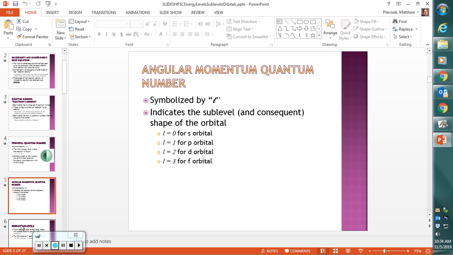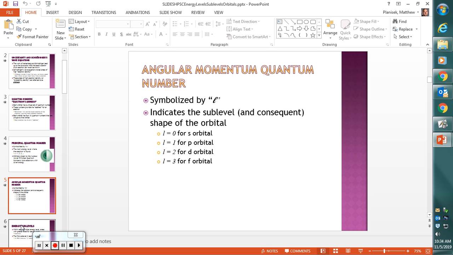So we see up on the board that there are four possibilities for the angular momentum quantum number. First, if we assign an angular momentum quantum number of 0 to an orbital, that means it's an s orbital. What do all s orbitals look like? They're spherical, okay?